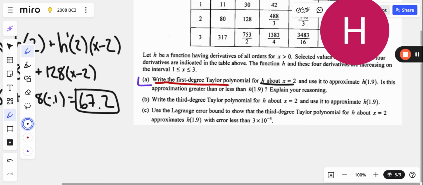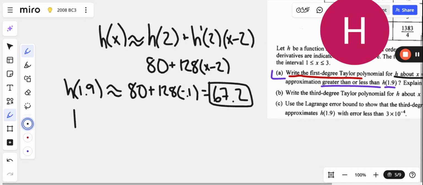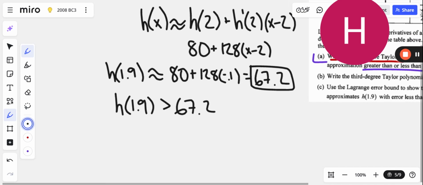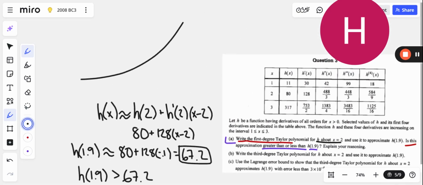Now, is this approximation greater than or less than h of 1.9, like the true value? Well, we're going to say that h of 1.9 is actually greater than this approximation. And the reason why is because h is concave up. So it looks something like this in some way.